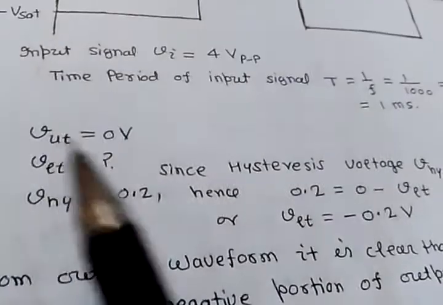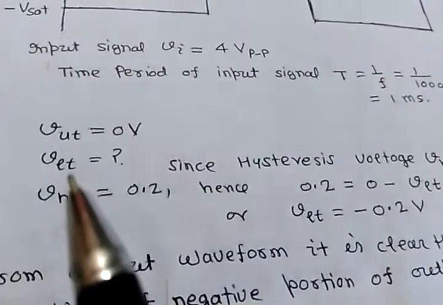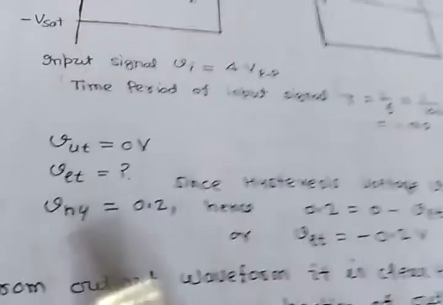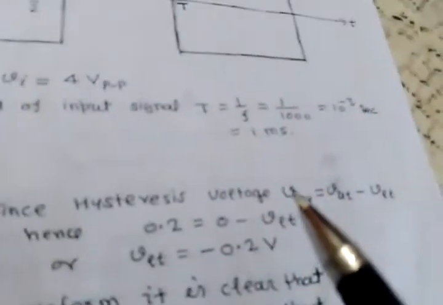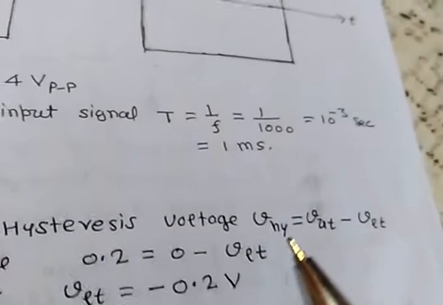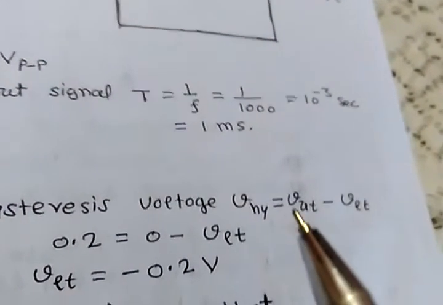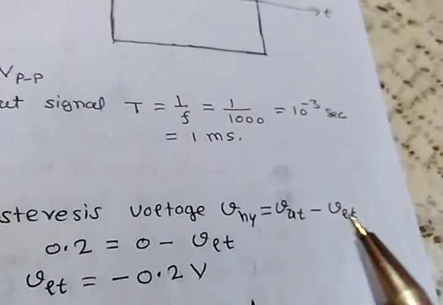Upper threshold voltage is given as 0 volt. We have to find the lower threshold voltage. Hysteresis width is also given. Hysteresis width or hysteresis voltage VHY equals upper threshold voltage VUT minus lower threshold voltage.